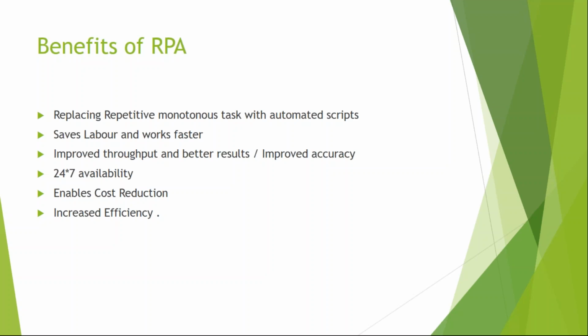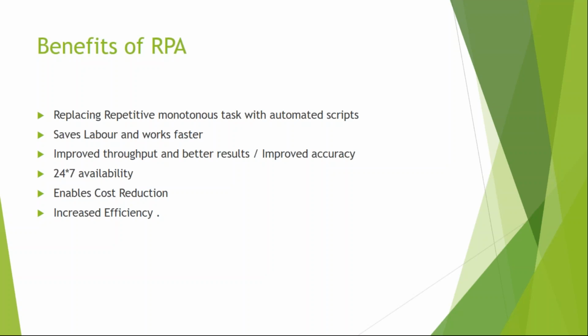Also, when we automate a task, it obviously improves the result. It always improves the accuracy and frees us from human errors. Also, the scripts are faster than humans. All these are great benefits of automating a task with RPA.